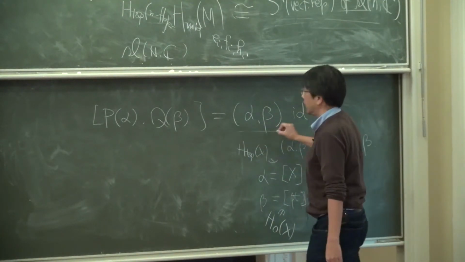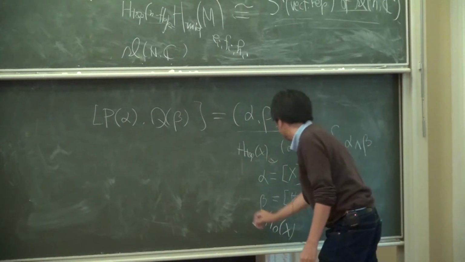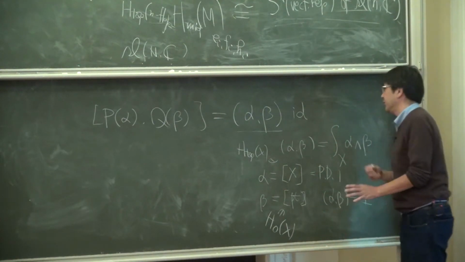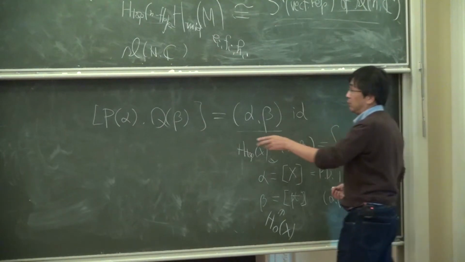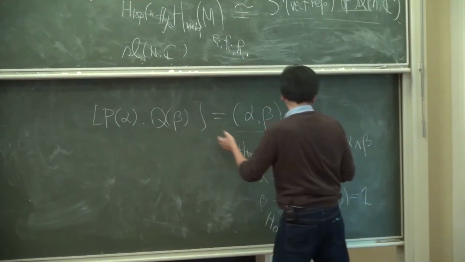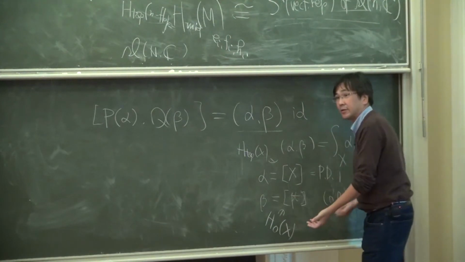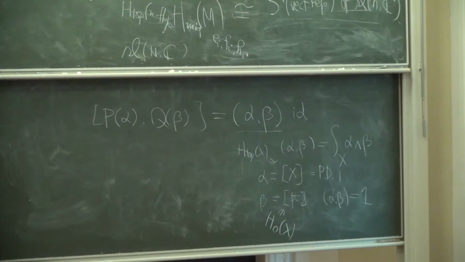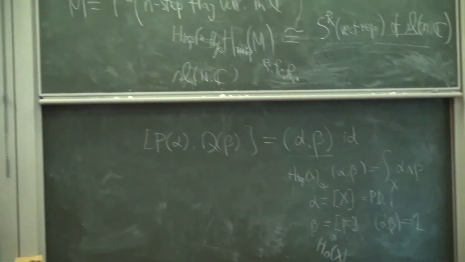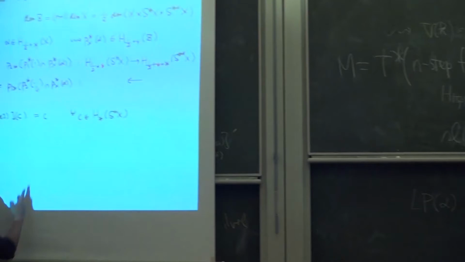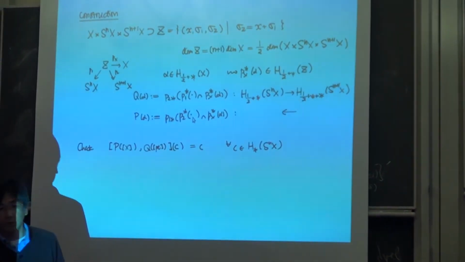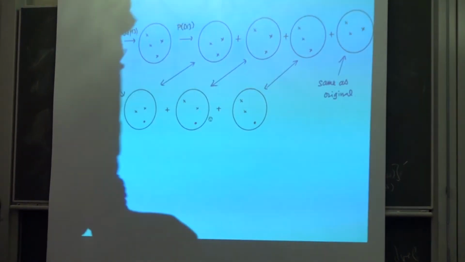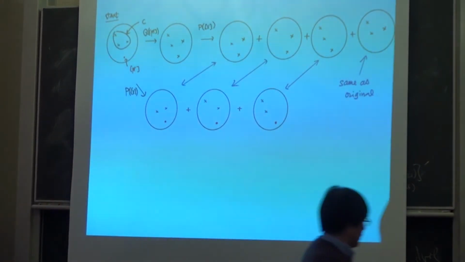So here alpha beta is 1. And in fact, you can show that even more general homology classes can be reduced to this case, so it's enough to consider this case. I take an arbitrary homology class in the symmetric product, and I want to compute this commutation relation. I want to check this computation.